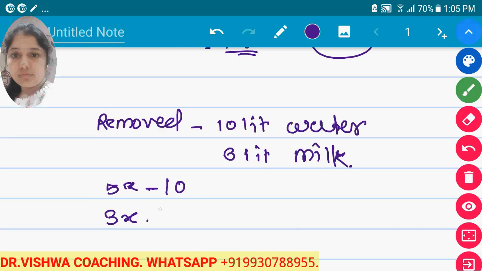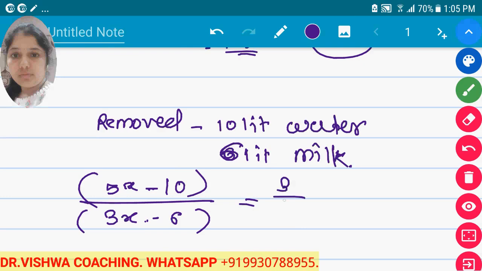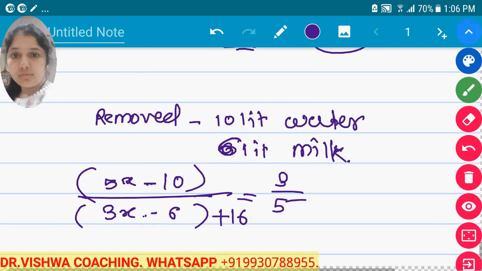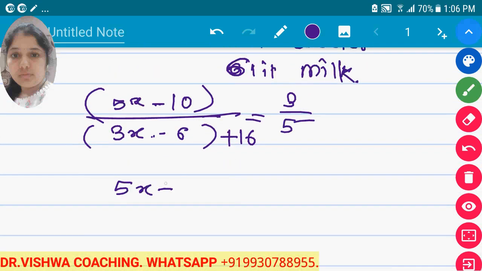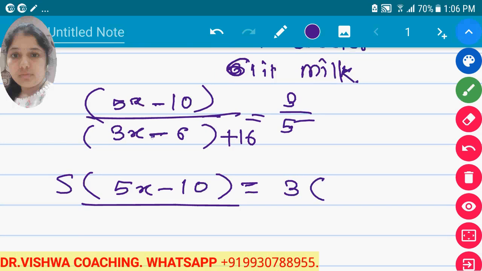So 5x minus 10 and 3x minus 6, and the ratio of this is given to us, but one condition is there: 16 liters of milk is added in the new mixture, and then the ratio is given. So solve this equation. So 5x minus 10 multiplied by 5 is equal to 3 multiplied by 3x minus 6 plus 16, which becomes 3x plus 10.